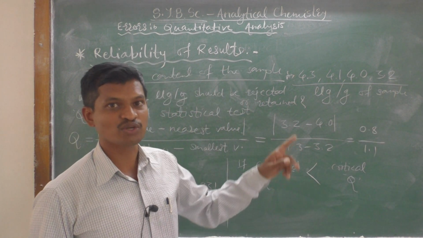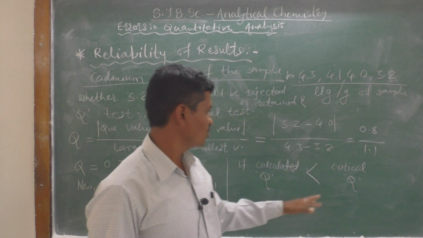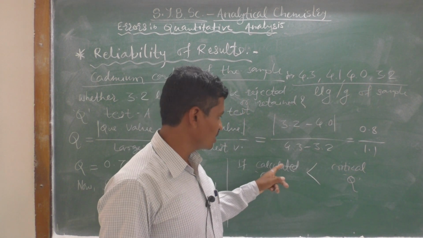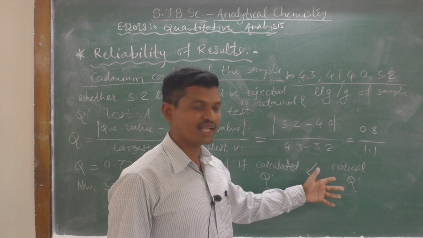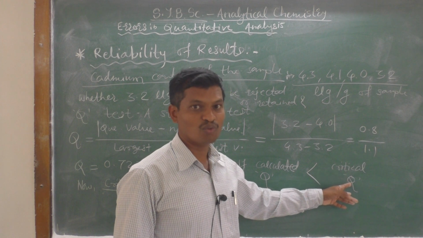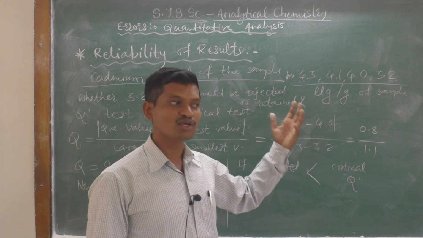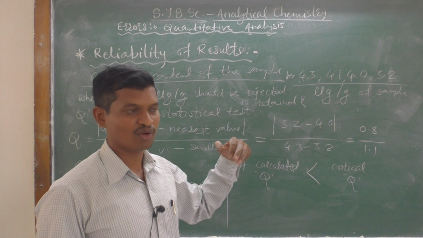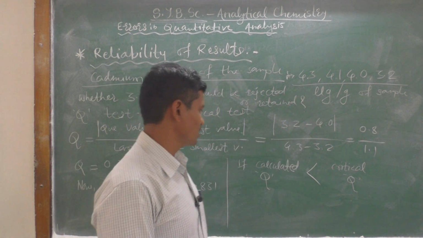We should reject this questionable value 3.2 when the calculated Q value exceeds the critical Q value, which is taken from the Q table, from the statistics.